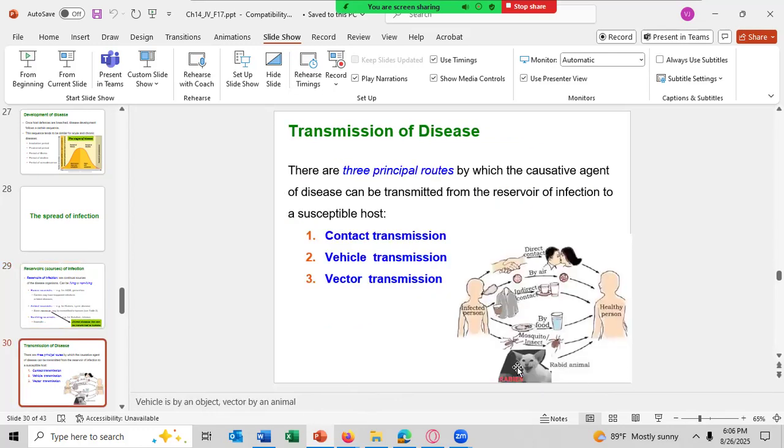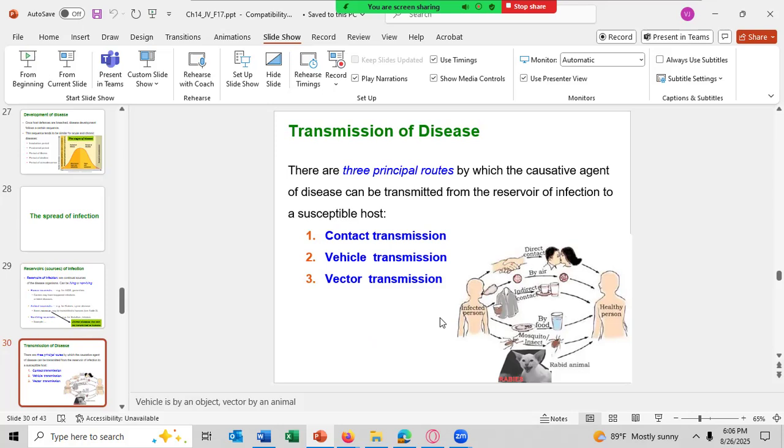All right. Transmission of disease. There are three principal routes by which a causative agent of disease can be transmitted from the reservoir to a susceptible host. You can have contact transmission.